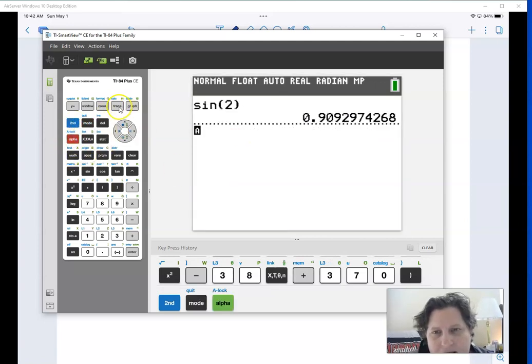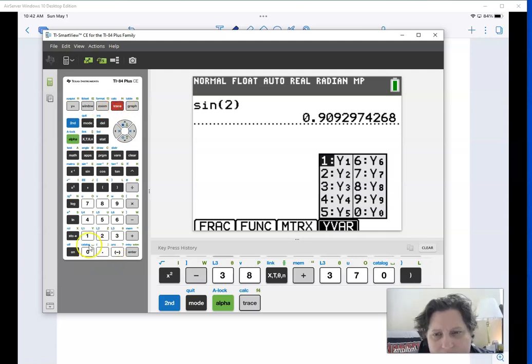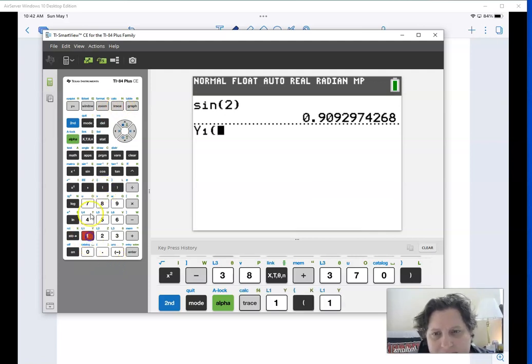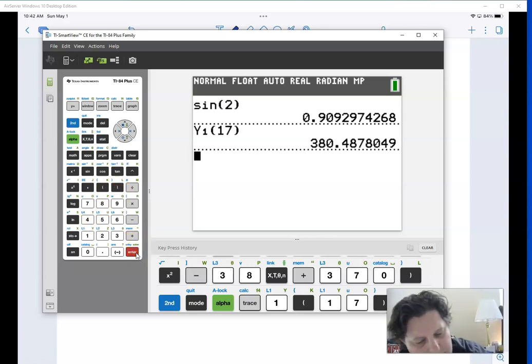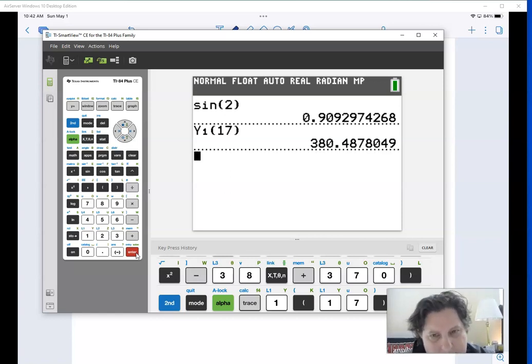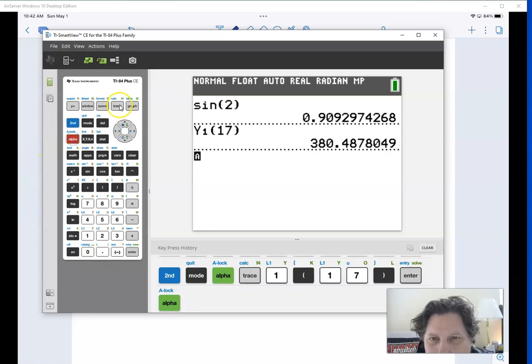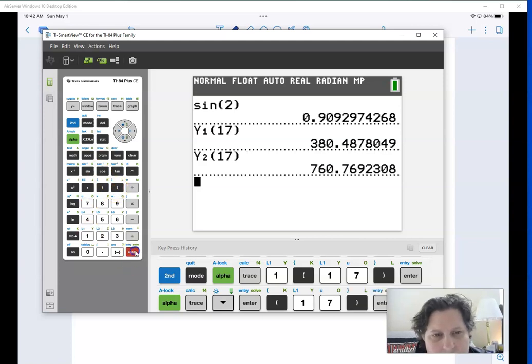If we use alpha trace, Y1 at 17, that'll just plug 17 into my first function. So E of 17 is going to be 380.487. And then Y2 at 17 is going to evaluate that for me.